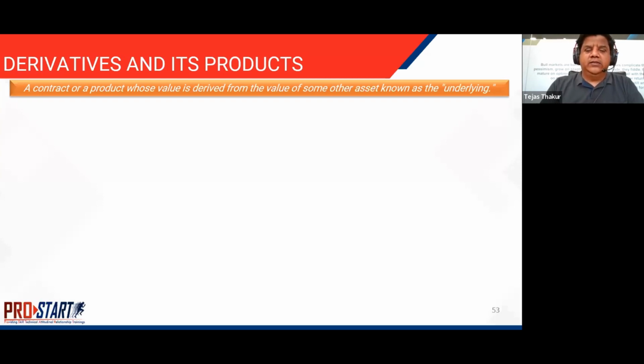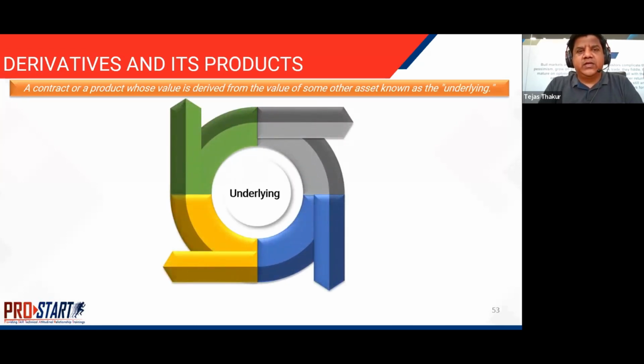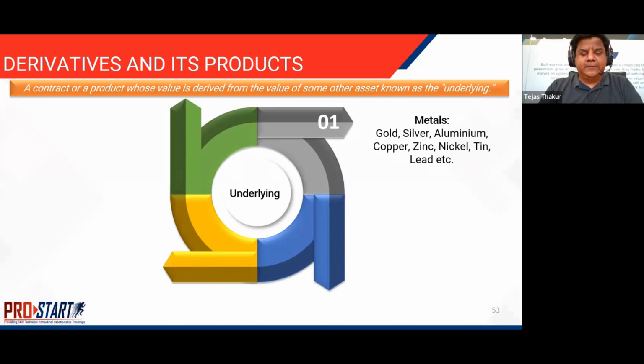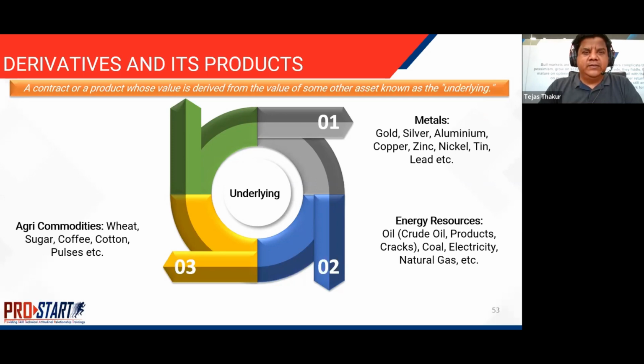It could have something else as the underlying. So what are the different underlyings which can happen? The first set could be metals, like gold, silver, aluminum, copper, zinc, nickel, tin, lead, etc. Next could be energy resources like crude oil, oil products, coal, electricity, natural gas, etc. Then you have agri-commodities like wheat, sugar, coffee, cotton, pulses.